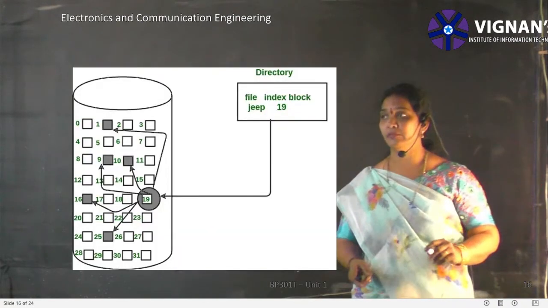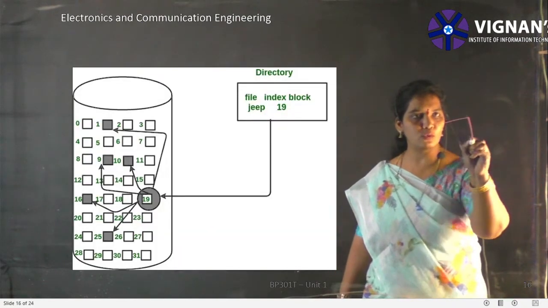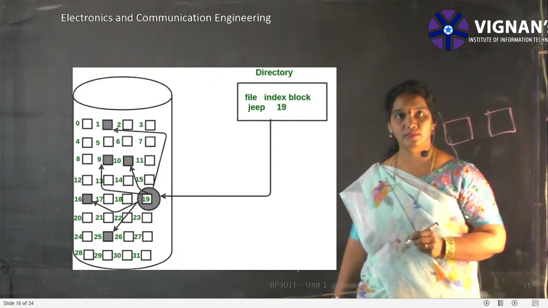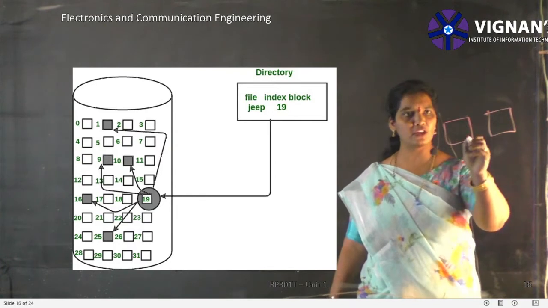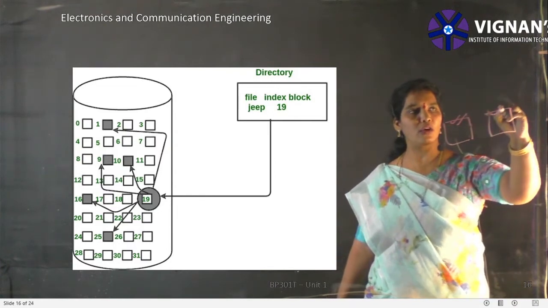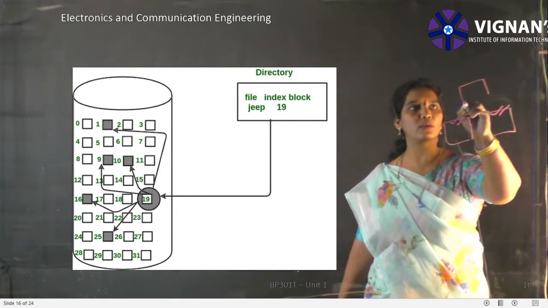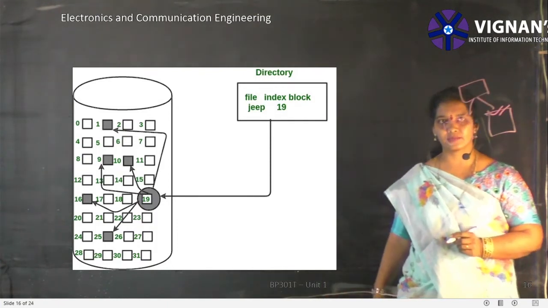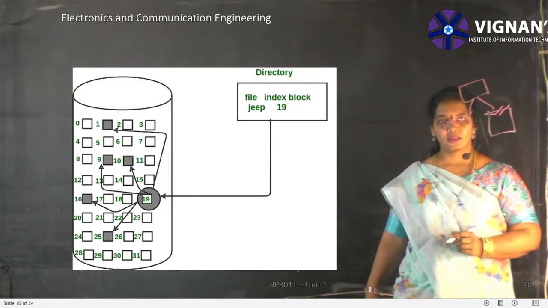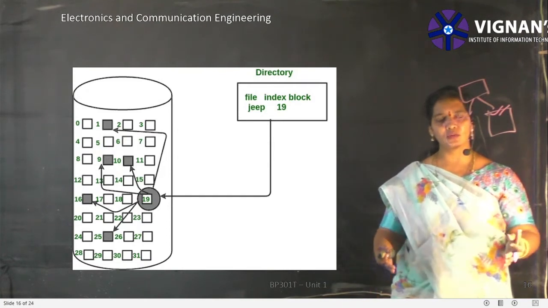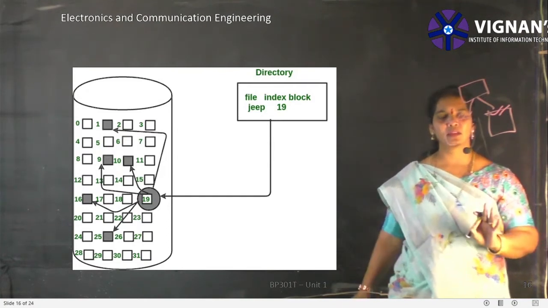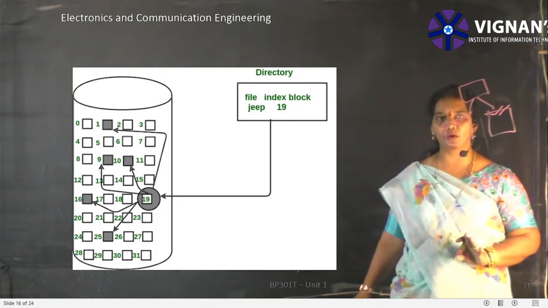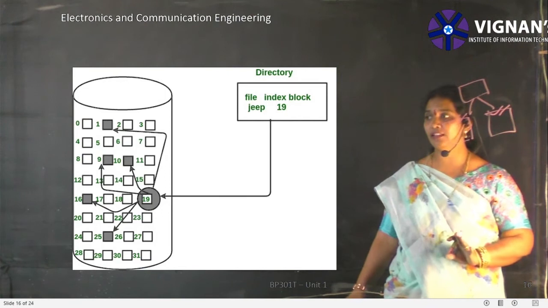Here we see my file requires only 2 blocks. In indexed allocation, in order to point to these 2 blocks, I need to keep one more block to point to them separately. So even though the file requires only one or two blocks, we need an index block as well. That is the disadvantage.